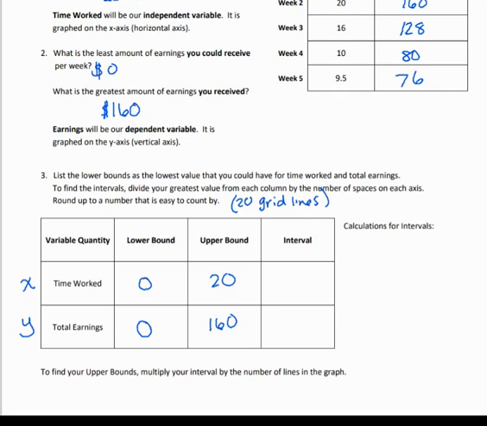So does this mean that, like, for the graph we'll count by like 20s? So what that is, and I'm about to explain, is when we're going to find our calculation of our intervals, we're going to divide, and I'm just going to jot this down and then we'll actually do it. Divide the upper bound by the number of grid lines.